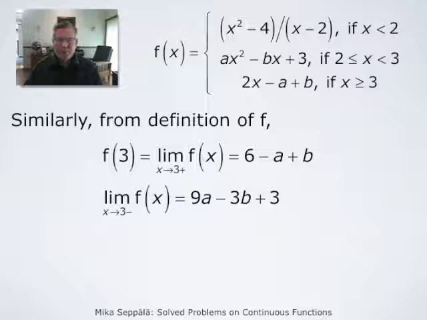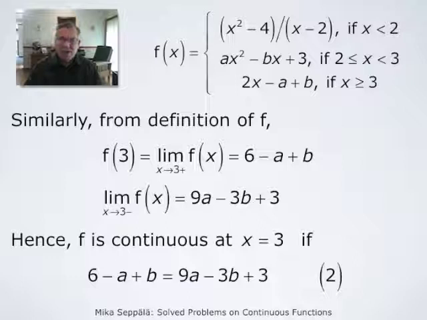And the limit as x approaches 3 through numbers smaller than 3 is the limit of ax squared minus bx plus 3 as x approaches 3. This is also computed simply by inserting x equals 3. We get 9a minus 3b plus 3.